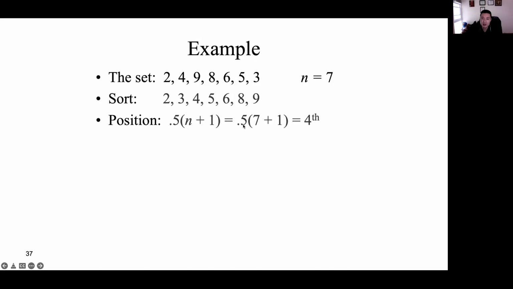The sample size is 7, so we get the fourth. As a result, the median will be the fourth measurement. Counting 1, 2, 3, 4, the fourth measurement will be 5. So that's the median. Very simple.